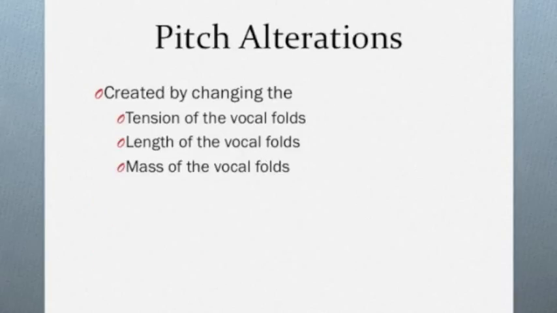The pitch of a person's voice can be altered by changing the tension, length, or mass of the vocal folds. Creating higher tension in the vocal folds causes the pitch to increase, as does lengthening the vocal folds and decreasing the mass of the vocal folds. By decreasing the tension in the vocal folds, shortening the length, and increasing the mass, the pitch will become lower.